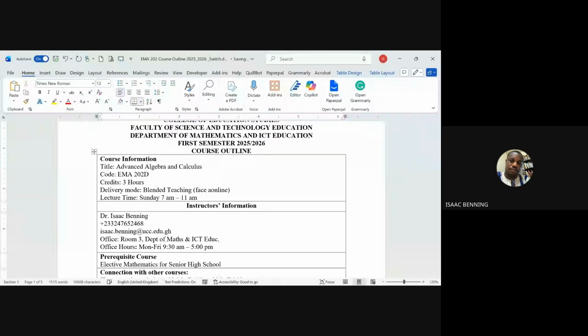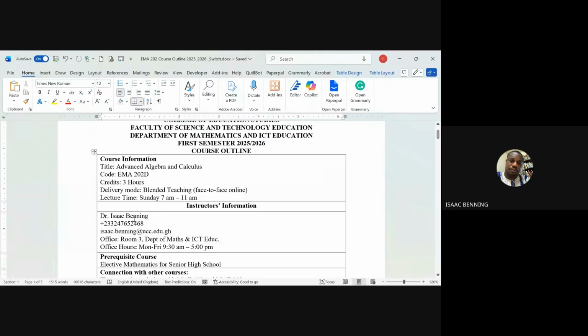There are other centers that will be doing both face-to-face. And our meeting time is on Sundays, 7 to 11 a.m. and that makes it 4 hours. So within 4 hours, we can do a lot.